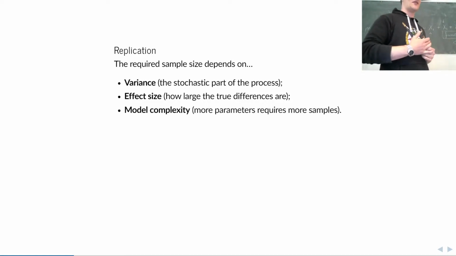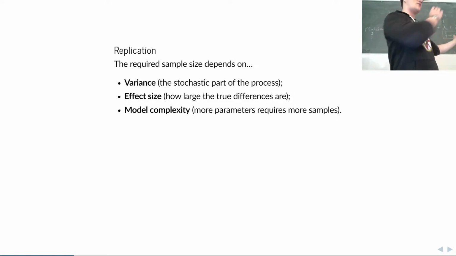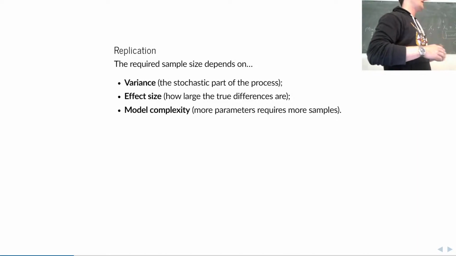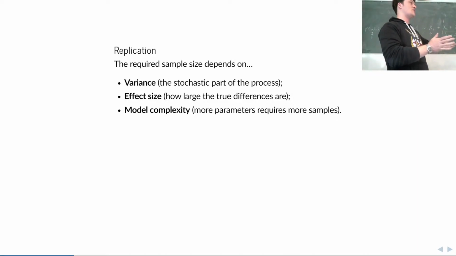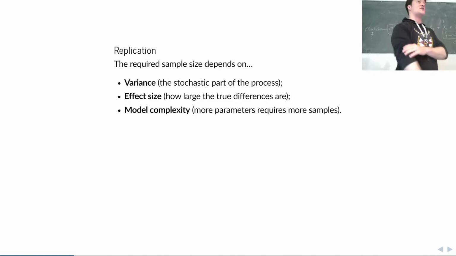This one we haven't talked about yet in the previous lecture, but if you want to correct for people's sex, and for people's age, and for people's body fat percentage, and you have this whole list of potential confounders that you want to add to your model, those are all extra parameters. They're going to eat up your degrees of freedom, so you're going to need more true replicates to fit your model.